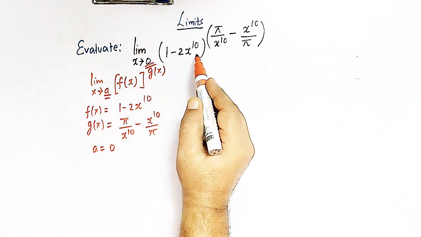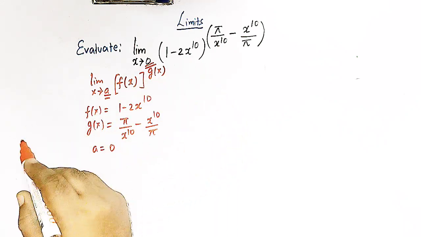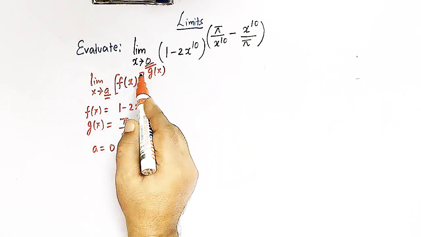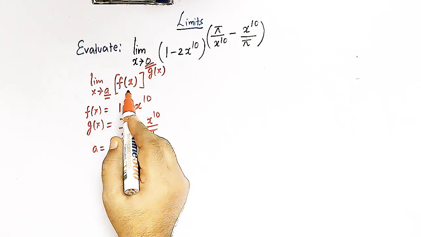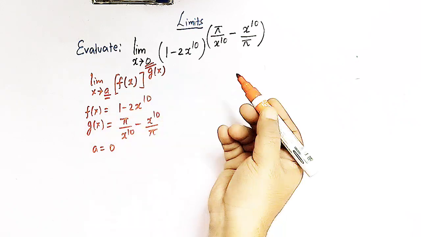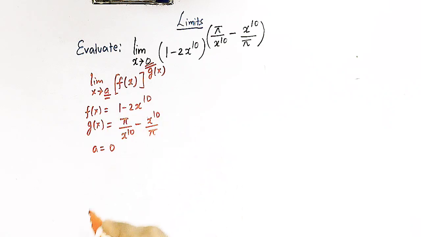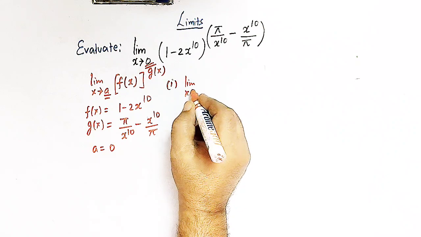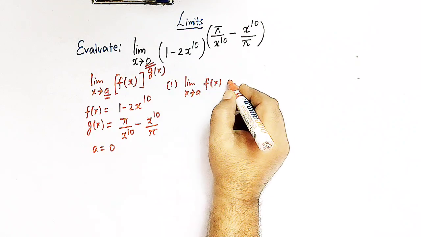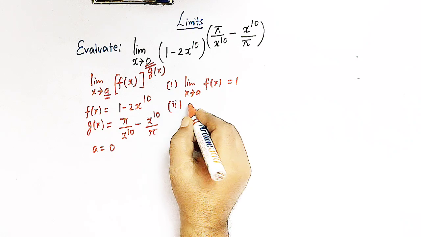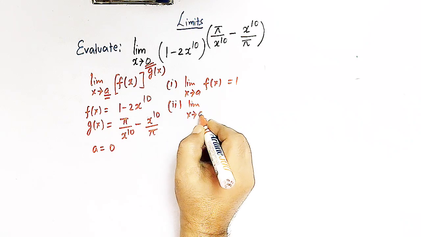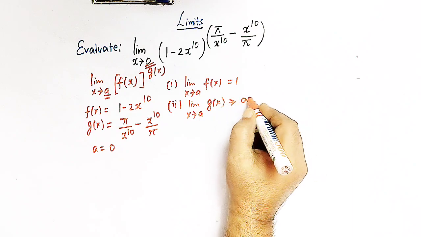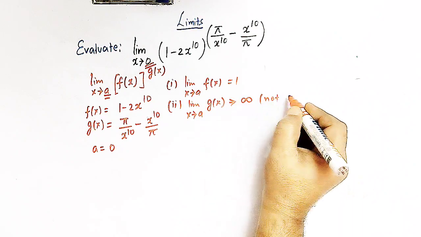So whenever we have a limit of this form, and here we'll also see the conditions. If we have a limit of this form, then we can evaluate this limit by using a technique, and that technique can be used if two conditions are satisfied. So the first condition is that limit x tends to a, f of x must be equal to 1, and the second condition is that limit x tends to a, g of x must tend to infinity, or it is not defined, right?